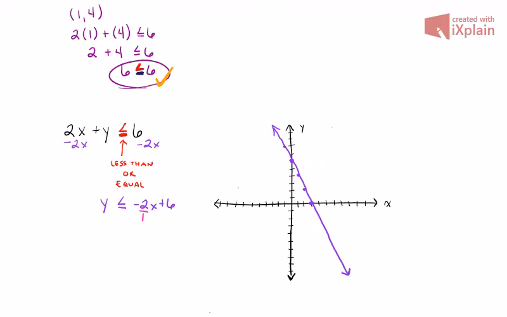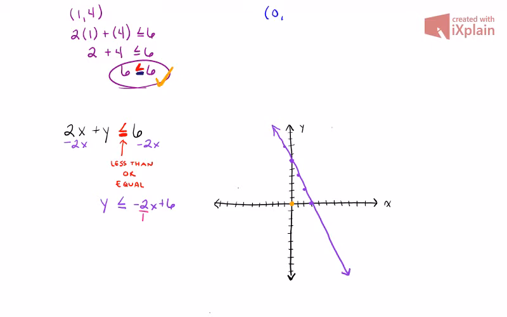So the next step would be, well, which side of the line do I shade? Do I pick the left or do I pick the right? And again, with this situation, I'm taking a look at this and saying, well, the origin isn't being used right now, so I'm going to use that as my tester.